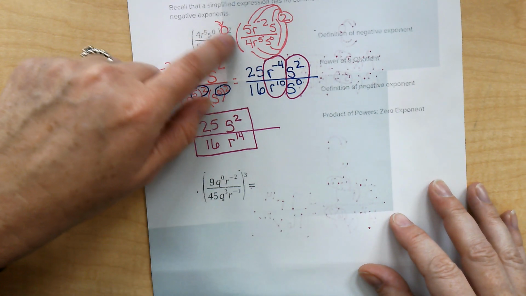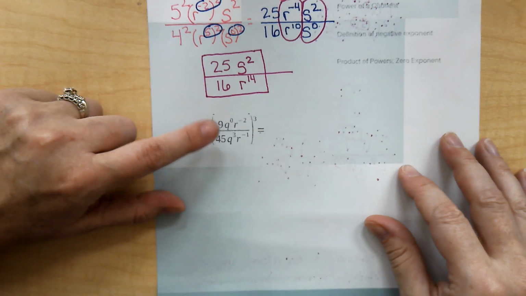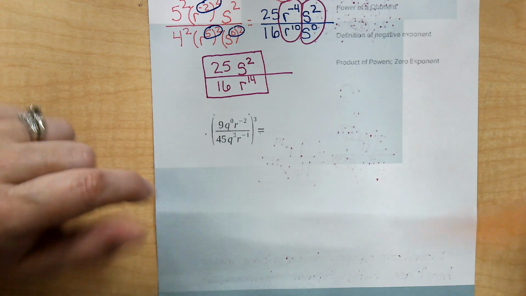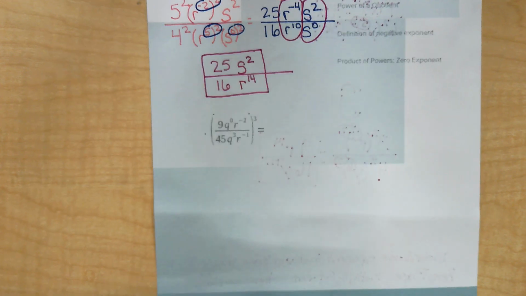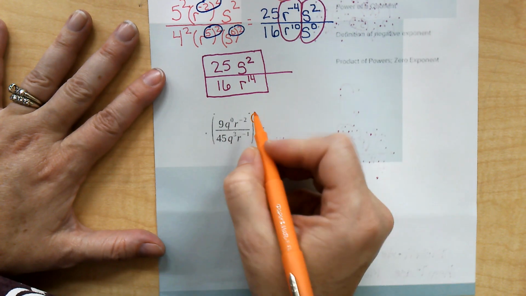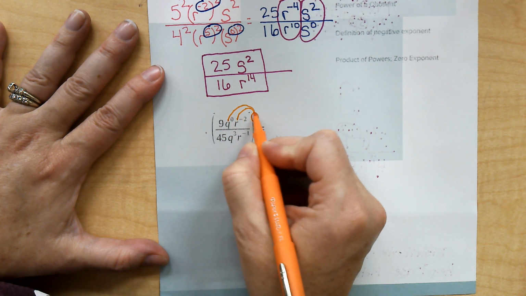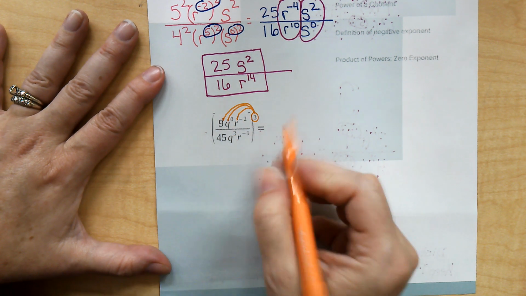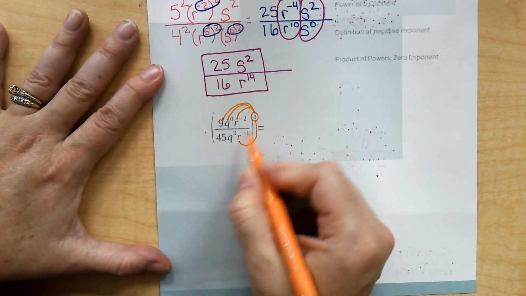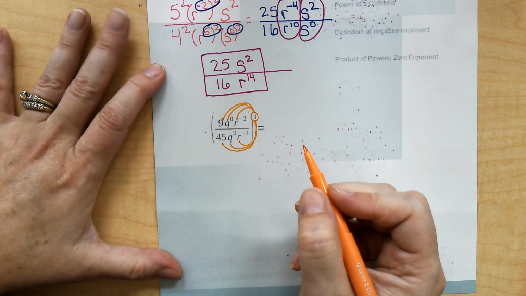We don't have to deal with the exponent that is negative on the outside because we have a positive exponent on the outside. So let's check this one out. Since we don't have to write the reciprocal, we can start out by distributing this 3 to the r on top, the q on top, and the 9 on top. And we can distribute it to the r on the bottom, the q on the bottom, and the 45.